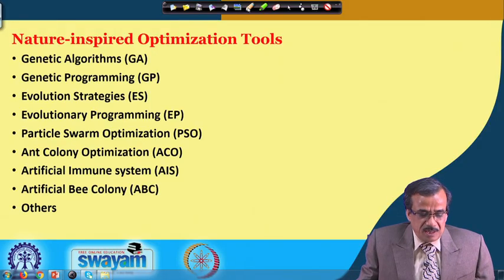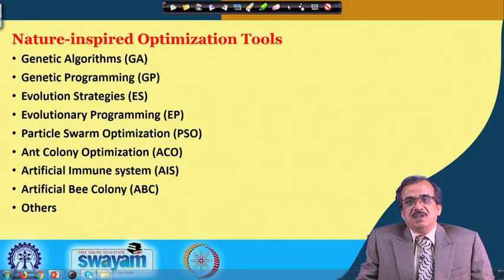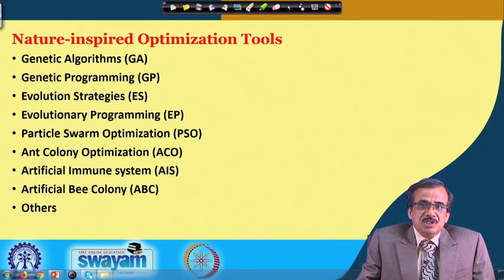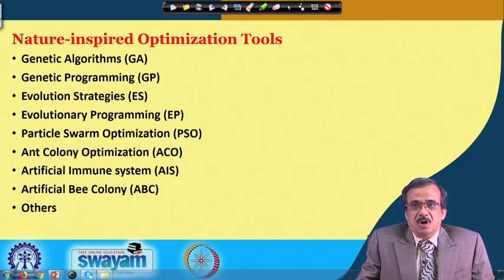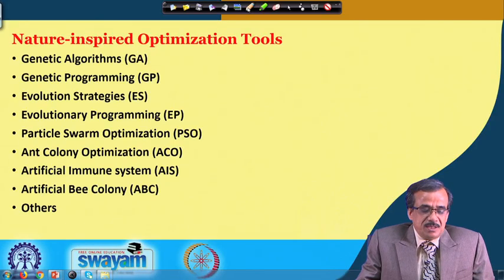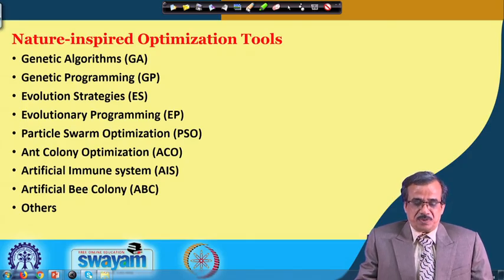If you see the literature on optimization, a huge literature is available. There are a large number of classical or traditional tools for optimization, also known as the conventional methods, and there are a few unconventional or nature inspired optimization tools.